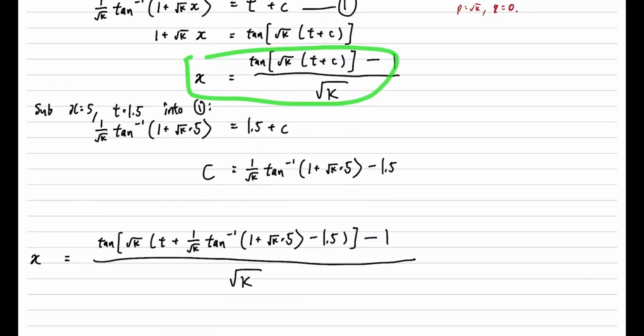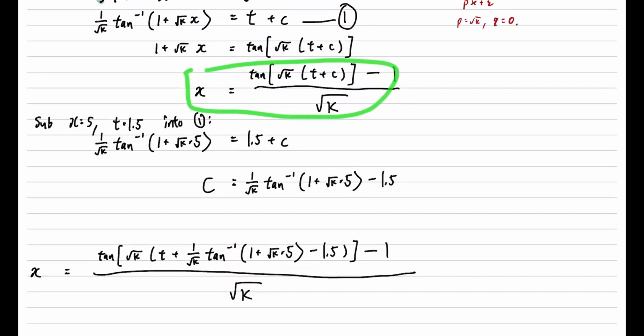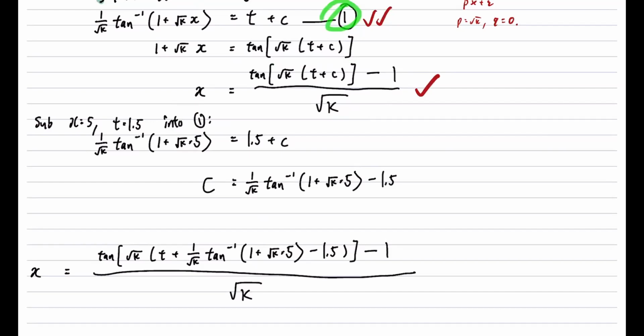Oh, sorry. Actually, I realized that instead of using this equation directly, I use this equation 1 because it's simpler. Yeah, it just looks neater. You can sub into equation 1 or you can sub into the most updated x. Both are fine. Okay, then substituting, I get this. The x replaced with 5, the t replaced with 1.5.